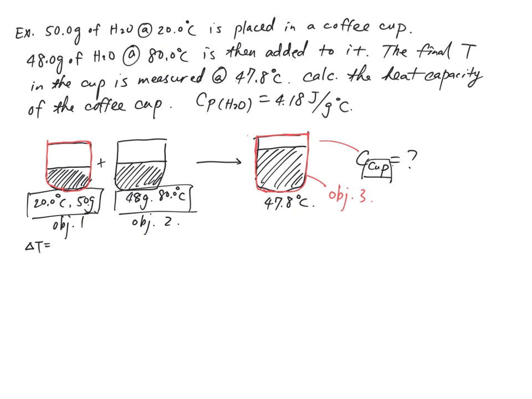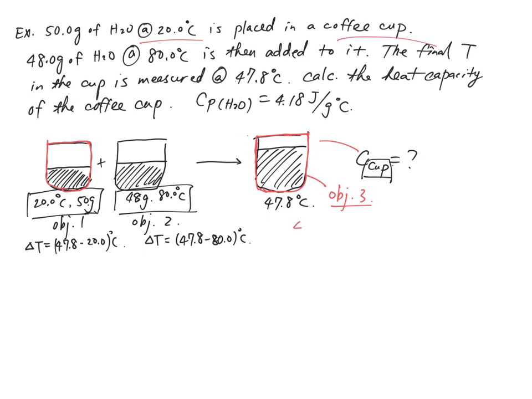For object number 1, the change of temperature is final temperature 47.8 minus 20.0. For your object number 2, your change of temperature is 47.8 minus 80. What about your object number 3? Well, it says cold water is placed in the cup.